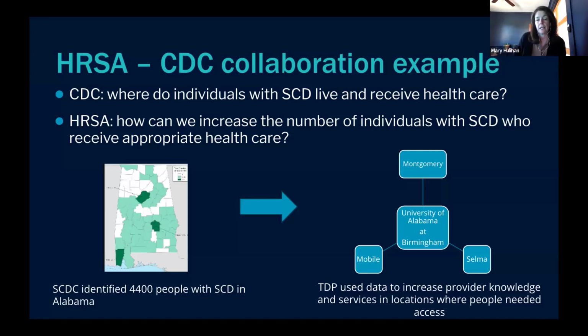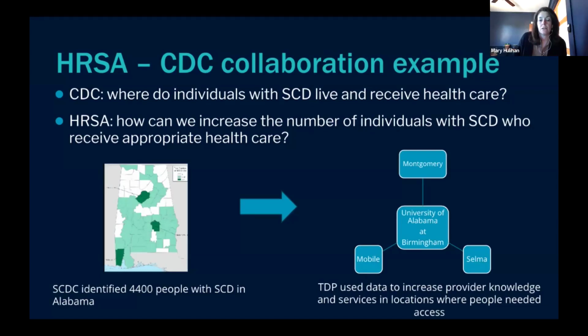And then on the right, you can see how that data is used in efforts that are led by HRSA through the treatment demonstration program, using that information about where people live to help increase provider knowledge and services in those locations identified as being the most in need.